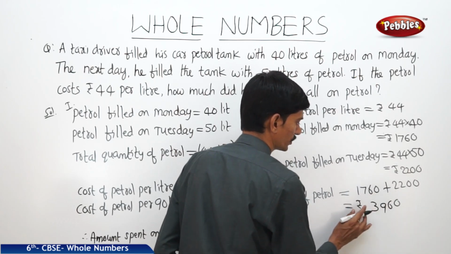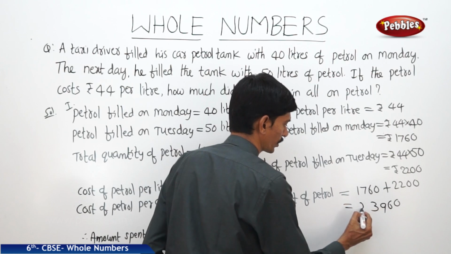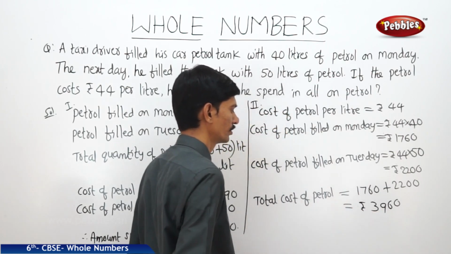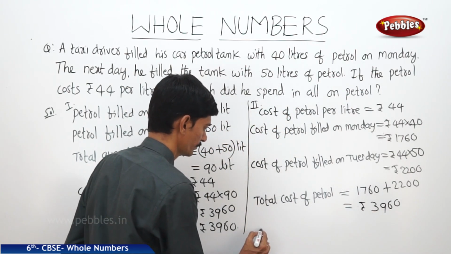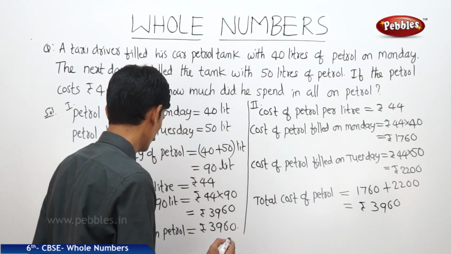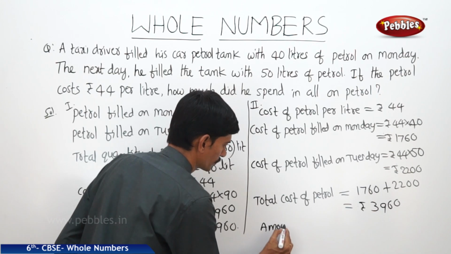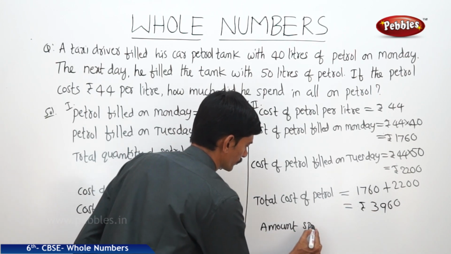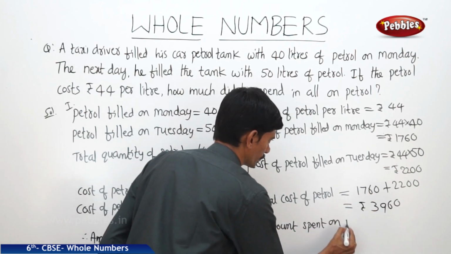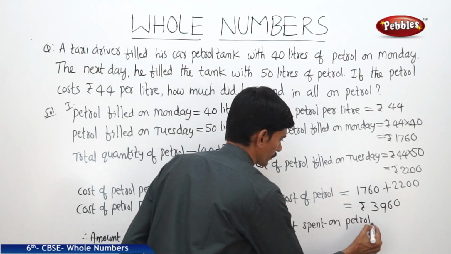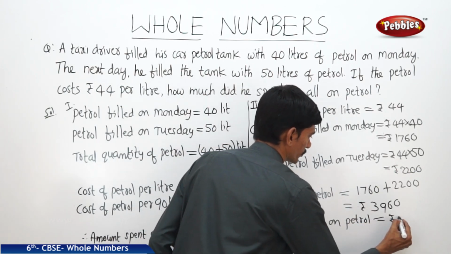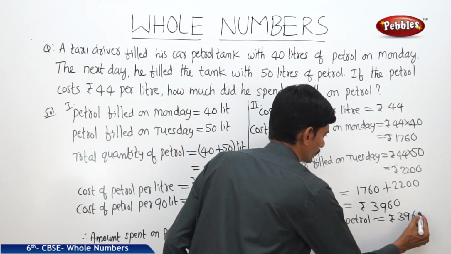So this is 3,960 rupees. So this is the total cost of petrol. Therefore, the amount spent on petrol equals to 3,960 rupees.